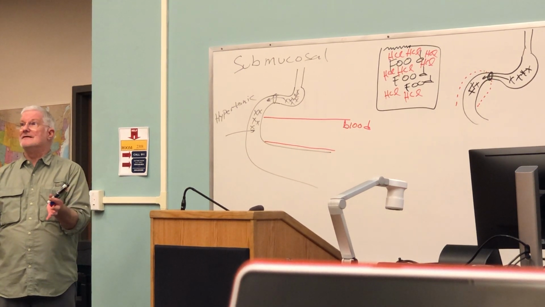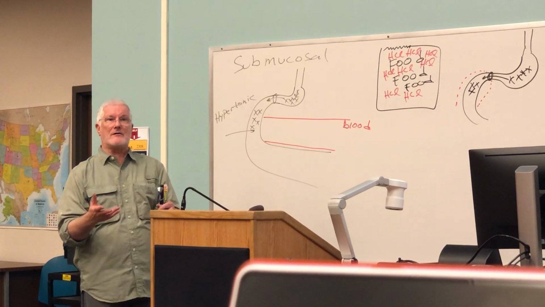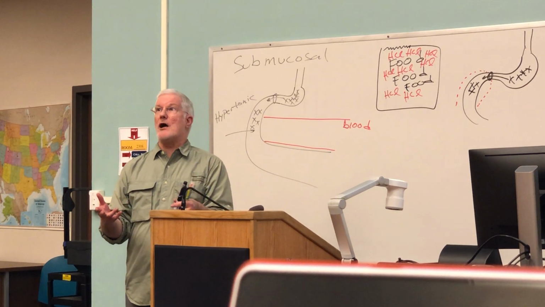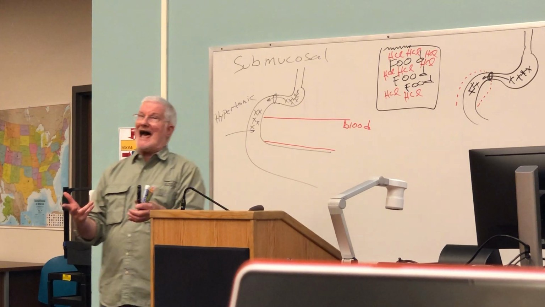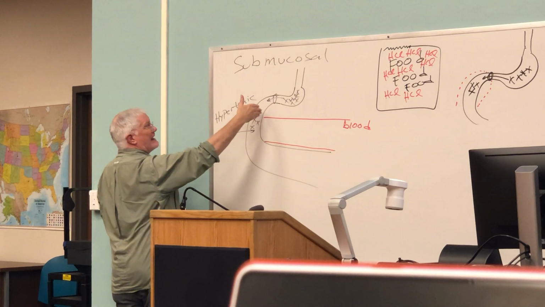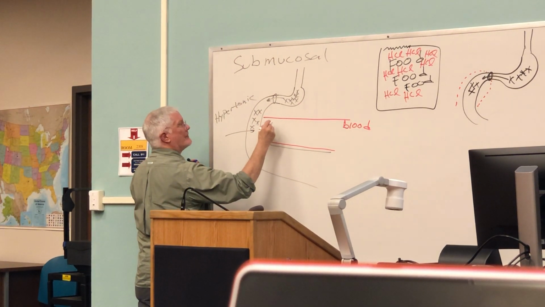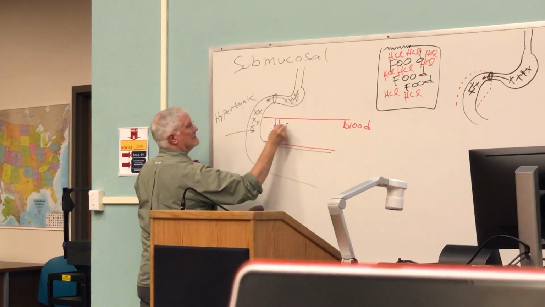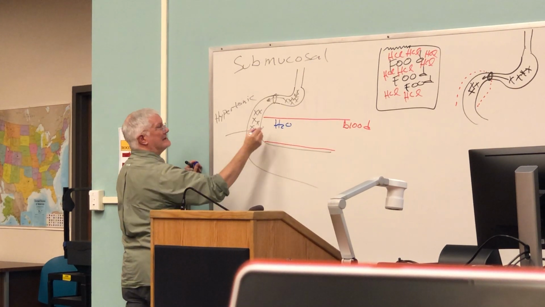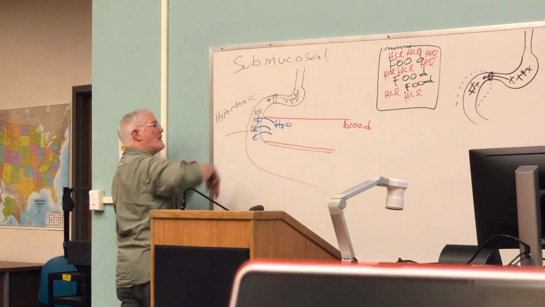Osmosis, which is what? The diffusion of water from regions of higher concentration to regions of lower concentration through a cell membrane, for God's sakes. You got to add that. I've got endothelium of my capillaries. I've got the epithelium of my duodenum. And the water that is in your plasma will be osmotically attracted to the hypertonic value of the chyme in your duodenum.